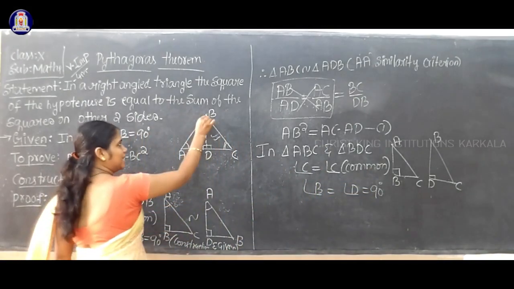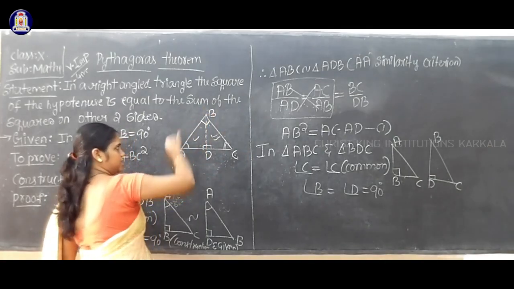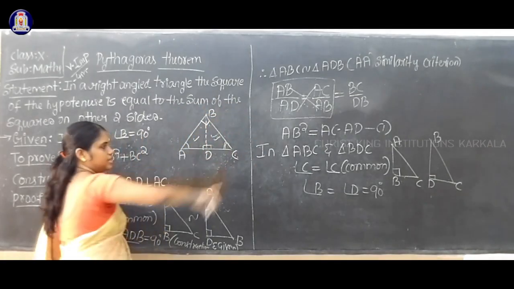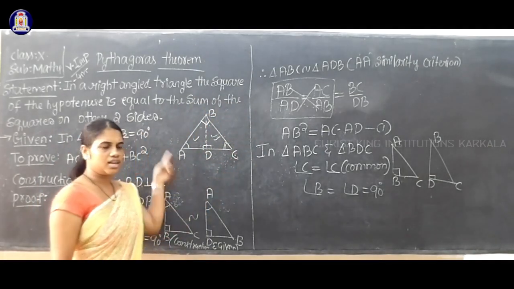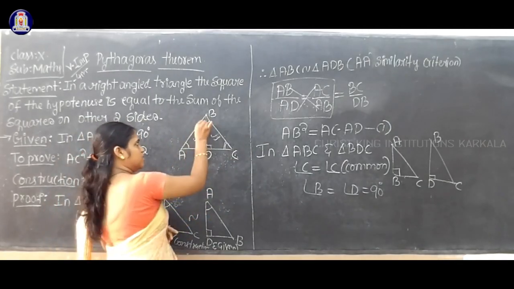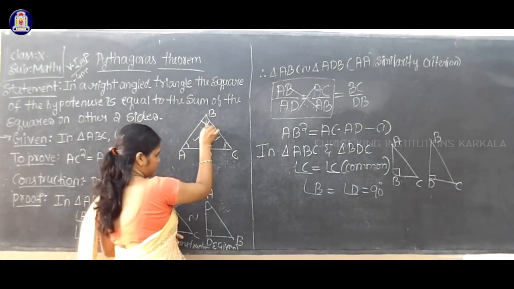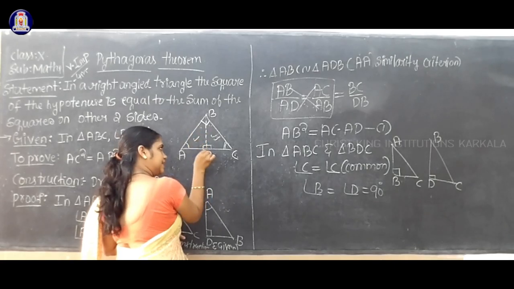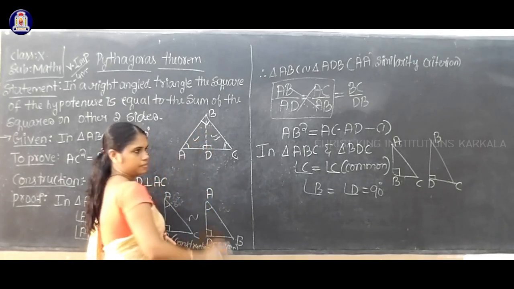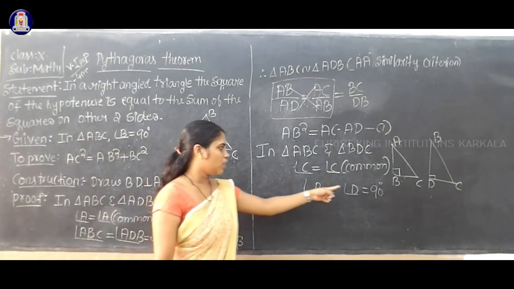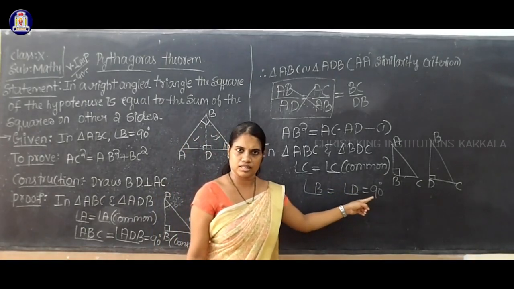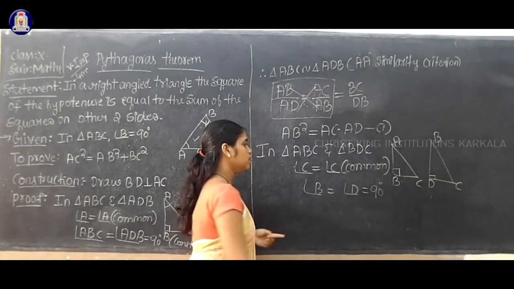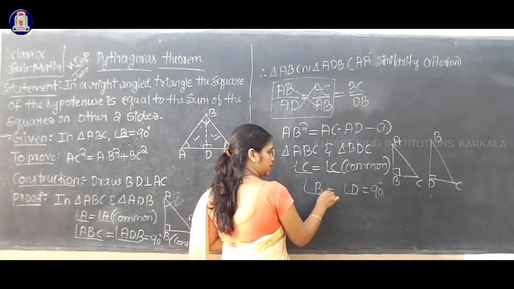Because here angle B in your full original triangle is divided into two parts, isn't it? Again, angle D is also divided into two parts. So therefore, I cannot indicate it by single letters. Instead of that, I have to write the complete angles.